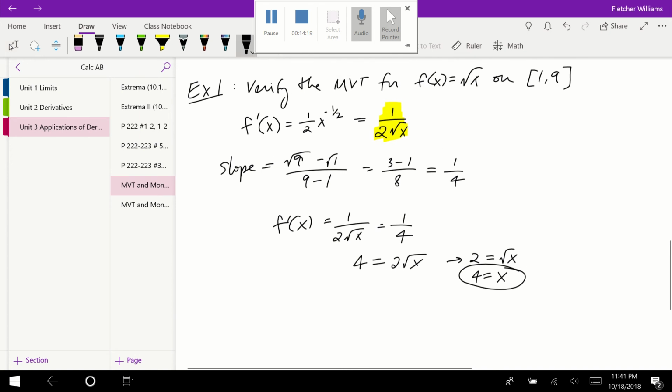So now we know, at x equals 4, the slope is 1/4.